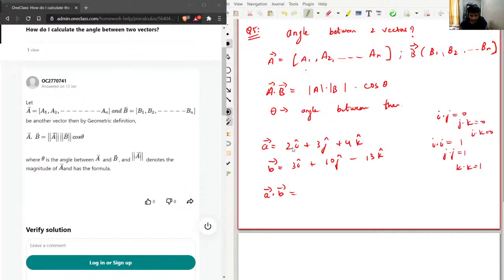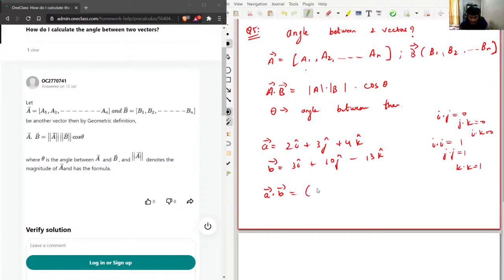So we just multiply the constant of one i with the constant of the other i. Like here I'll just multiply 2 with 3 only. If I multiply 2 with 10, then i dot j will give me 0, so I won't be operating that.